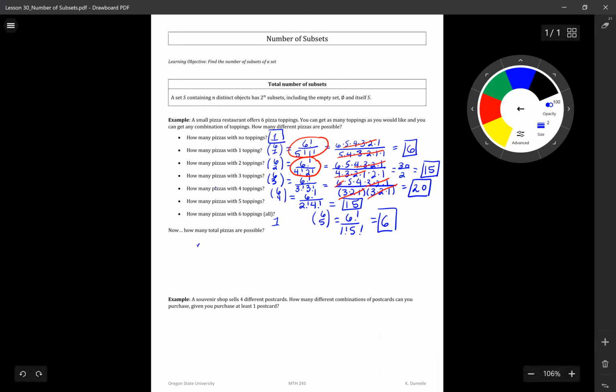Well, no toppings gave me 1 pizza. 1 topping was 6. 2 toppings was 15. 3 toppings was 20. 4 toppings was 15. 5 toppings was 6. And 6 toppings was 1. So if I take all of these and add them together, 1 plus 6 plus 15 plus 20 plus 15 plus 6 plus 1, I get 64.